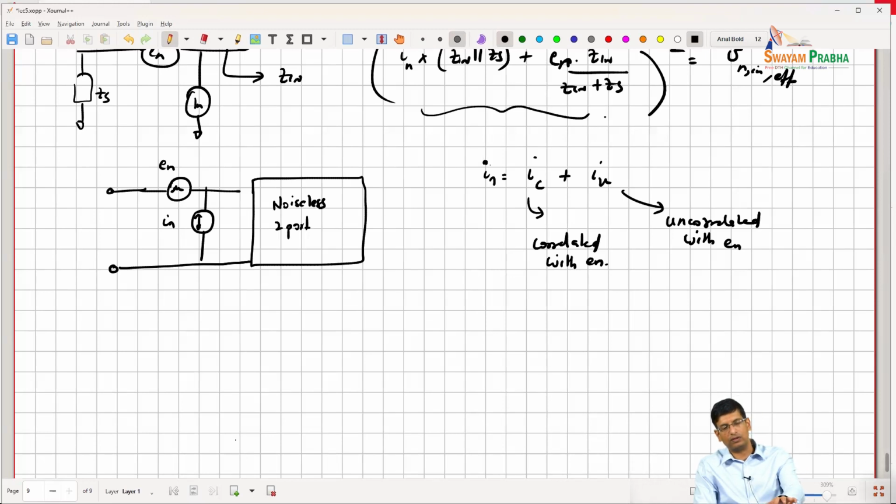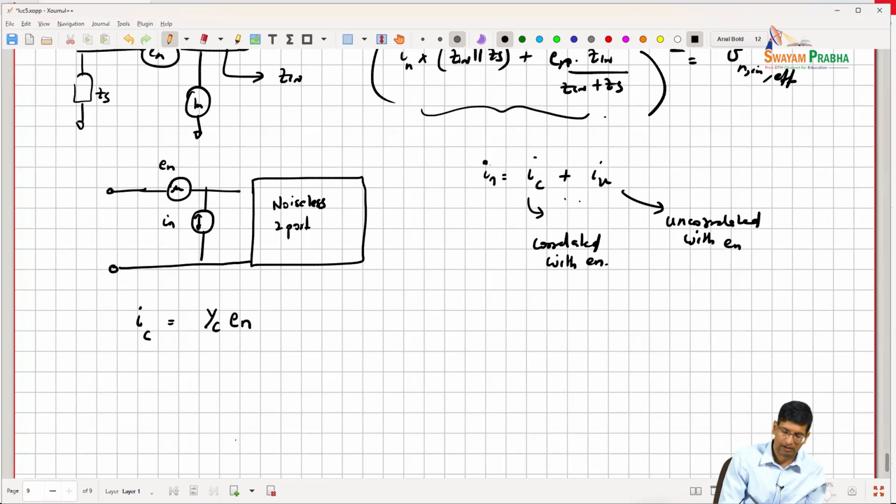I know what the input referred voltage noise is, input referred current noise is, and I know what the correlation is, which parts are correlated and which parts are not correlated. So in this scenario, if I represent I correlated as some admittance, Yc times En, right?